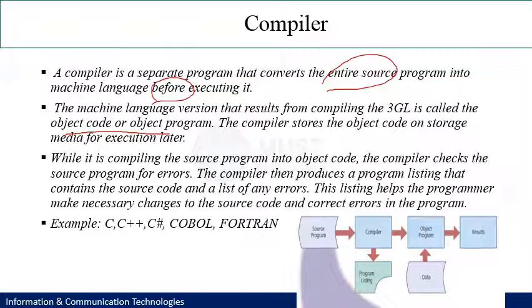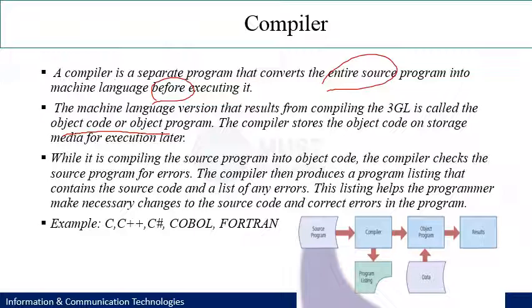While compiling the source code into object code, the compiler checks the source program for errors. The compiler then produces a program listing that contains the source code and the list of any errors. This listing helps the programmer make necessary changes to the source code and correct the errors in the program.